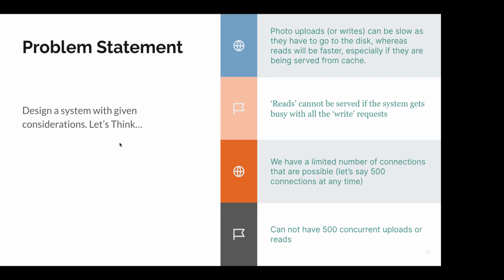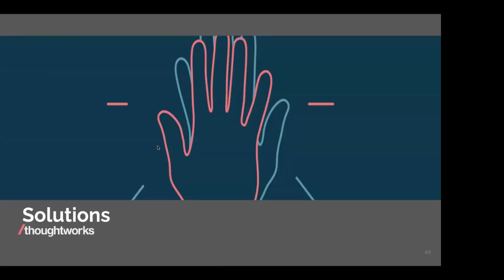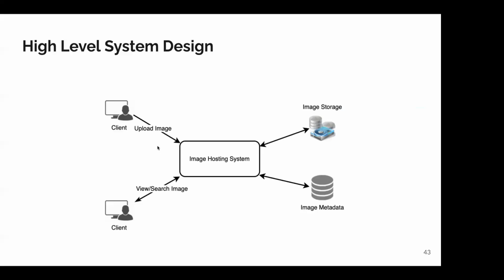So there is a system here. I'm having 500 users trying to upload the image at the same time, and also 500 users trying to search that image at the same time.